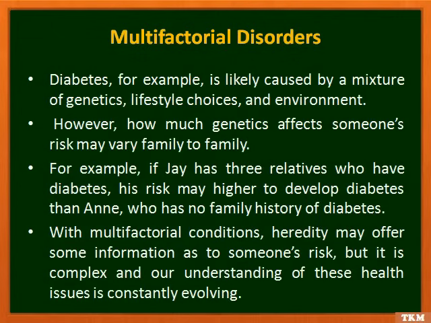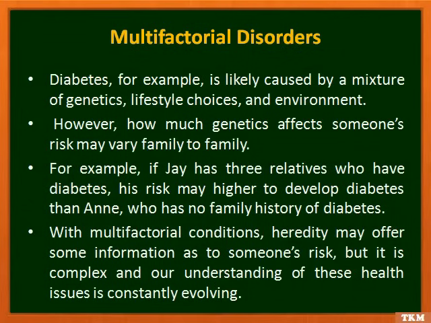Diabetes, for example, is likely caused by a mixture of genetics, lifestyle choices, and environment. However, how much genetics affects someone's risk may vary from family to family. For example, if Jay has 3 relatives who have diabetes, his risk may be higher to develop diabetes than Anne, who has no family history of diabetes.